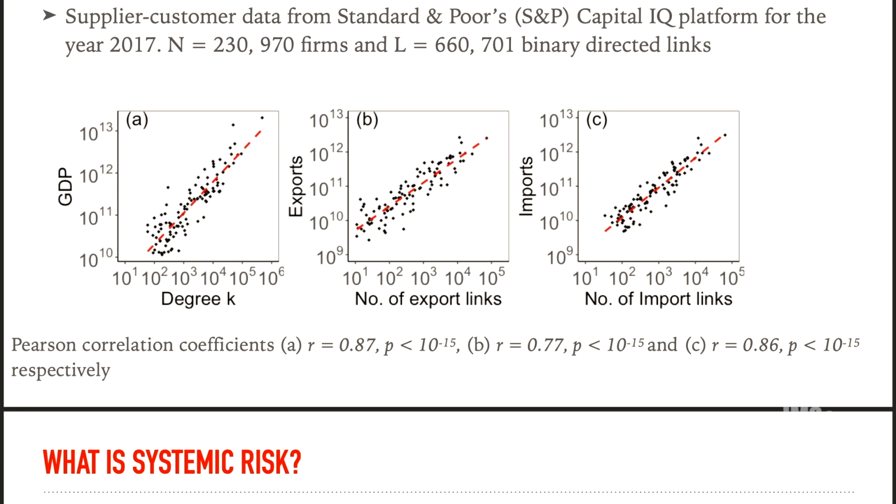There is a strong correlation, so degree can be an approximation for the size of the economy. The number of export links also matches nicely, and imports and the number of import links have a strong correlation. So our data is not too bad in that sense, and it reflects these facts quite well.